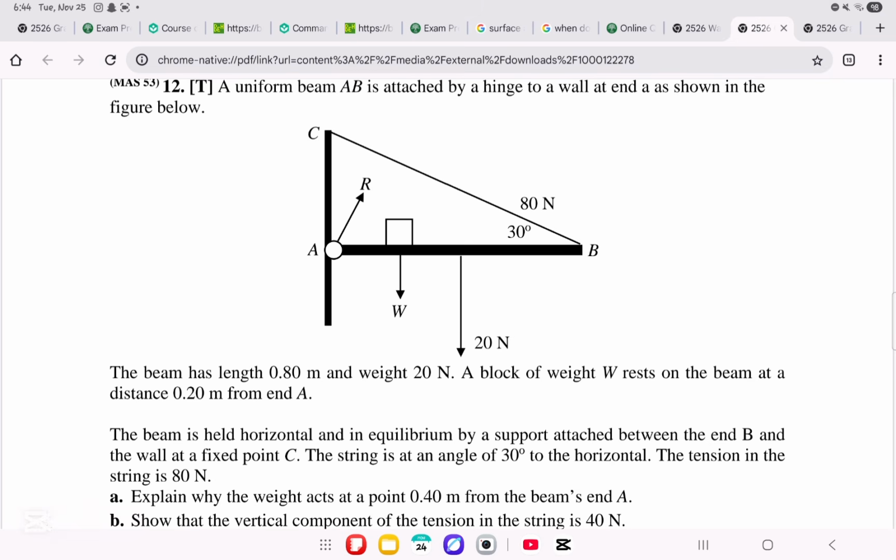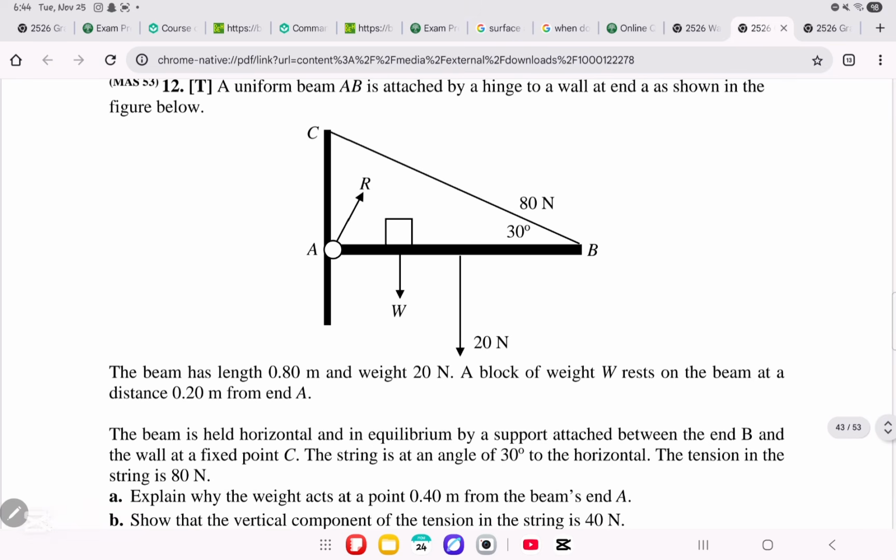They said, part A, explain why the weight acts at a point 0.40 meters from the beam's end of A. So look, very important. The weight of a uniform beam will be exactly at the center of the object. If the length of the beam is 0.80, the weight will be exactly at half of it.